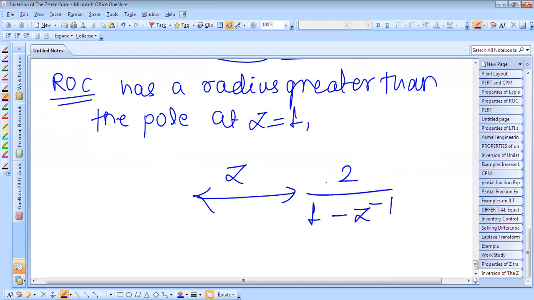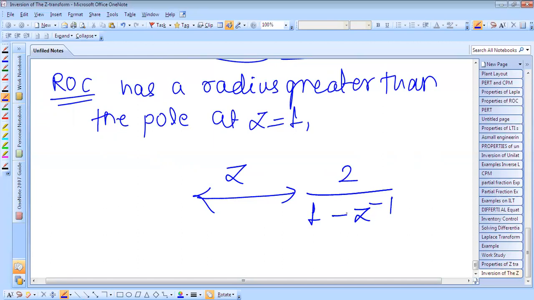So what is here? The magnitude of z is greater than dk. What is dk here? dk is 1. Here the ROC has a radius greater than the pole at z equal to 1, so the magnitude of z, we can write here by taking the help of the theory.